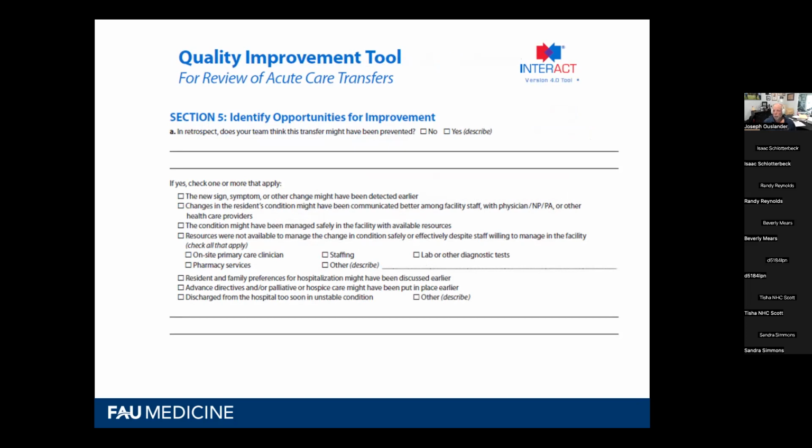And then there is a list of the common things that we have found providers mention, like the symptoms could have been detected earlier, the symptoms could have been managed in the nursing home, the advanced directives weren't in place, they were discharged from the hospital too sick.